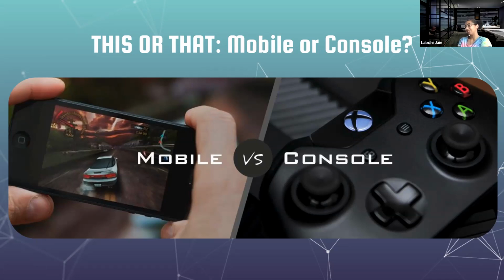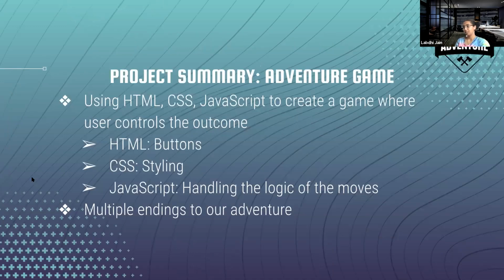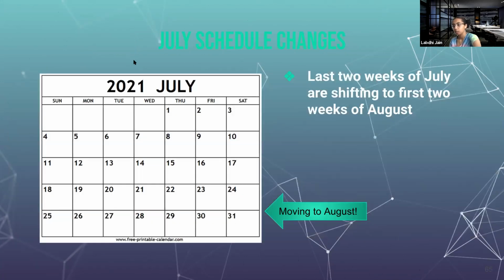You could definitely use an iPad or tablet if you have one. So we started with mobile and console, and then two other things are tablet and hybrid consoles that we can also use. All right, there we go.